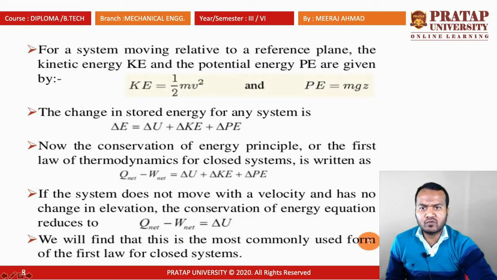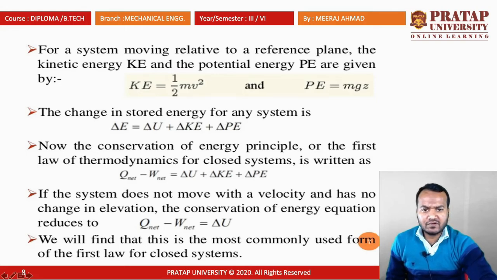For a system moving relative to the reference plane, the kinetic energy is equal to half m v squared and the potential energy is m g z, where z is the elevation of the system from the reference line. The change in the stored energy for any system is delta E equals delta U plus the change in kinetic energy plus the change in potential energy.